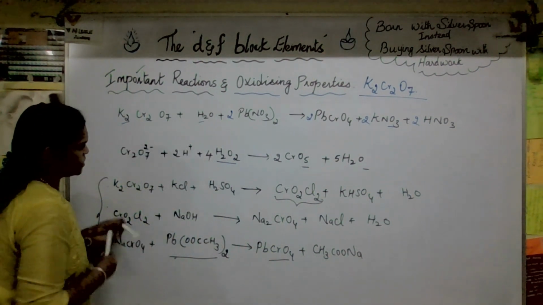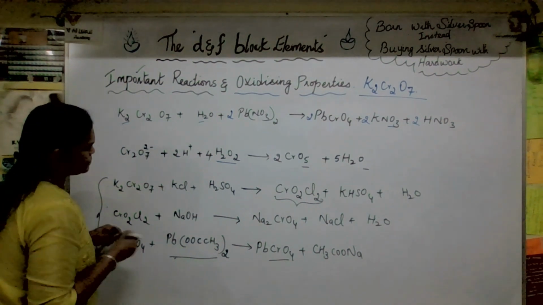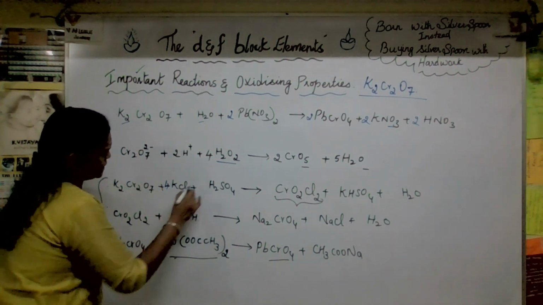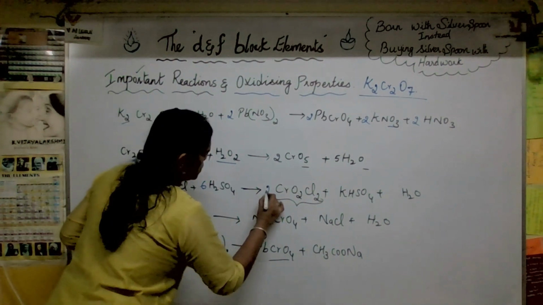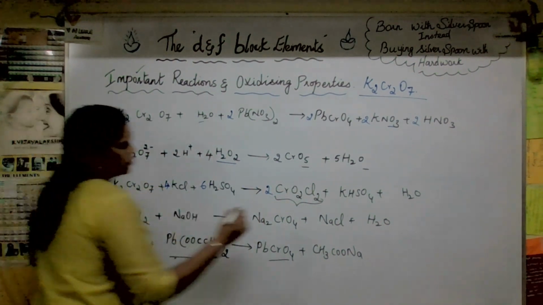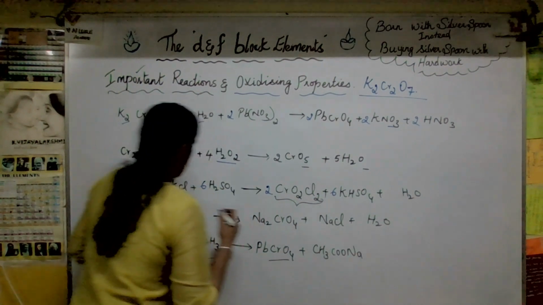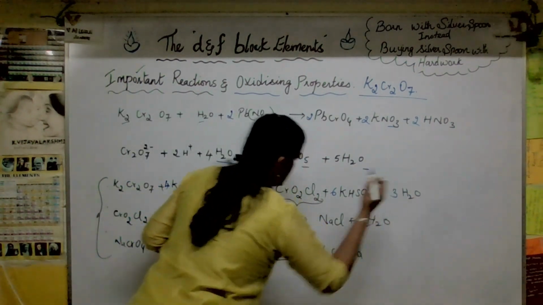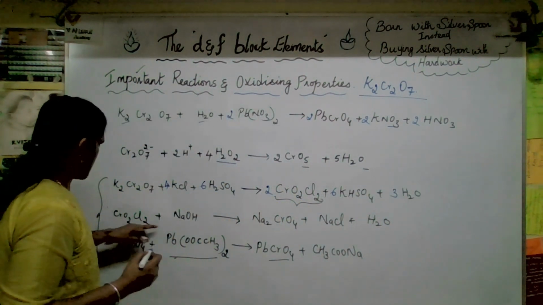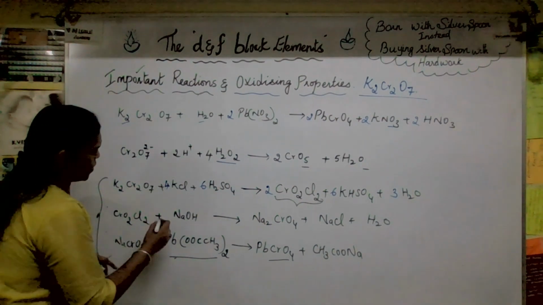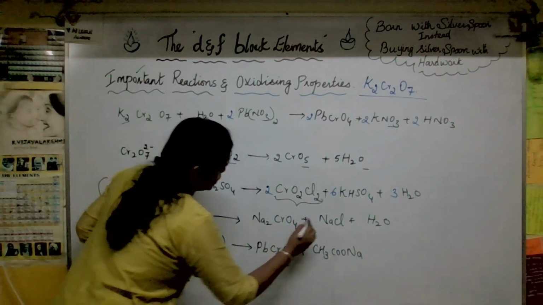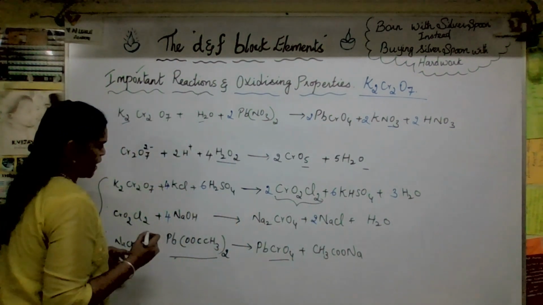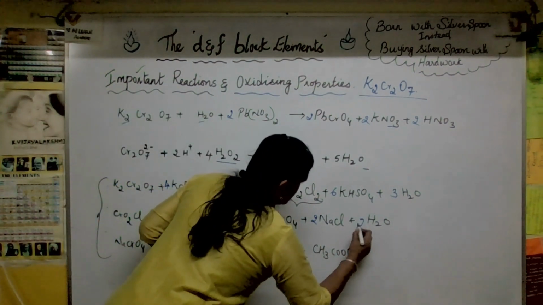This is lead acetate, so lead chromate. Balancing that equation, now this is 4 KCl, 6 H2O and Cr2. Okay, now balancing that 6 and here 3. Right? Okay, now next one, CrO2Cl2, NaOH. Here 4, Na2CrO4, here 2, and H2O, here 2.